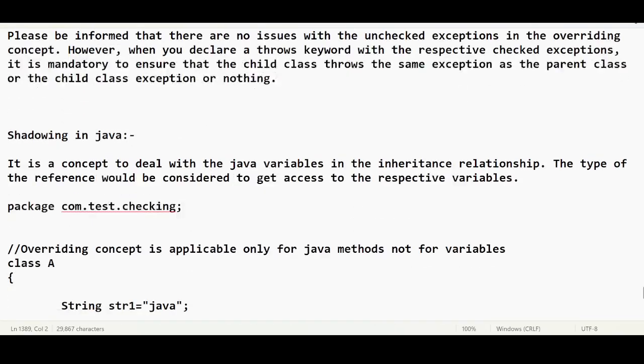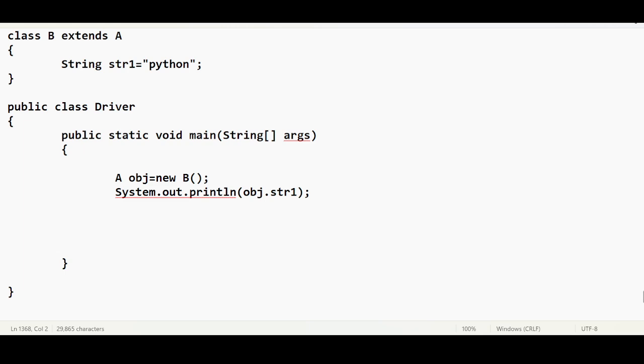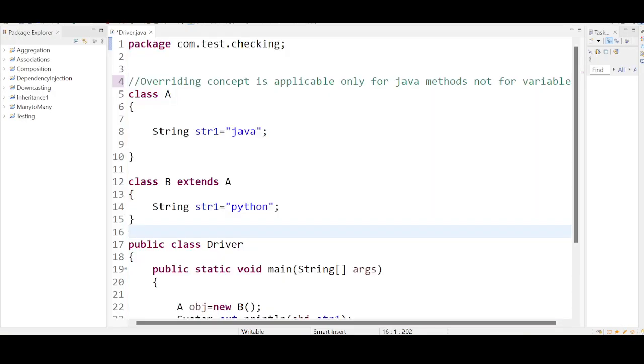Okay, I have also included the example. Right? Okay, this concept is called what? Shadowing. And you can practice a lot of combinations here.